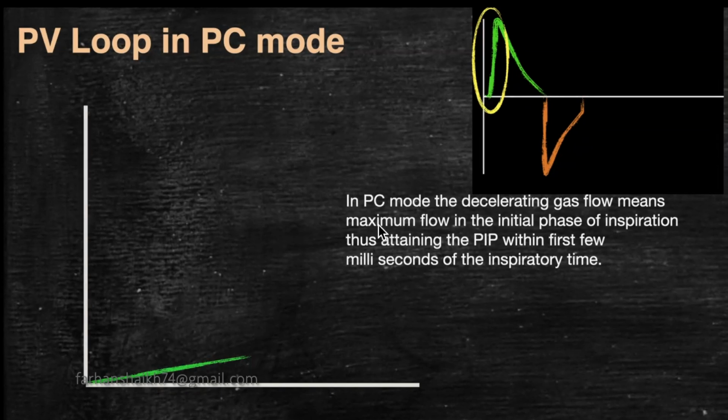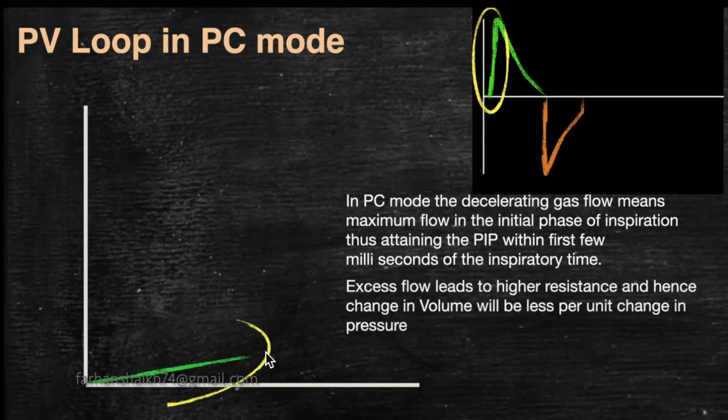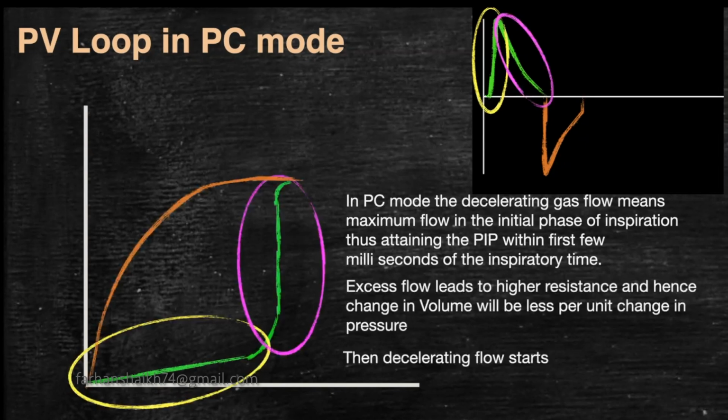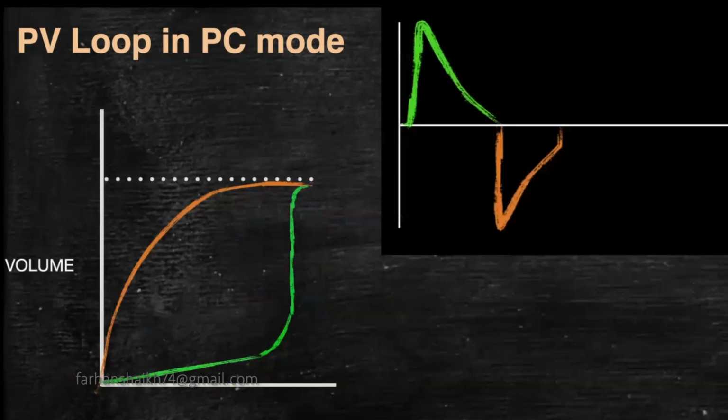And because of that, there will be maximum airway resistance also because of highest flow in the first few milliseconds of inspiration. And then the same pressure is maintained throughout the inspiration, and there is a decelerating flow after that, and then there is an expiration. This happens in pressure control mode.